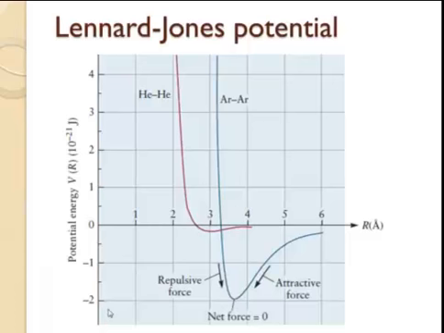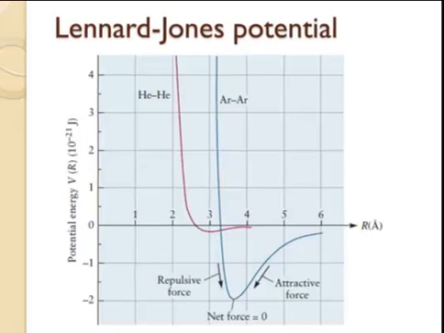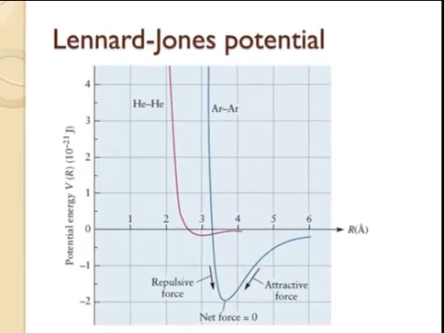In this slide, we will learn about the origin of these two modifications. We will examine in more detail the origin of these a and b constants in van der Waals. Now we have here the Lennard-Jones potential.